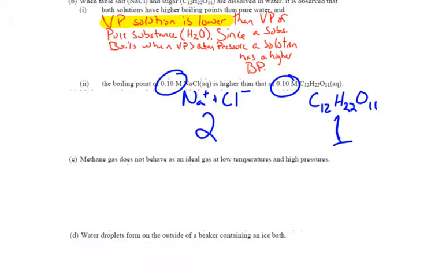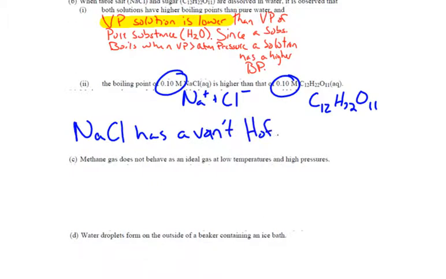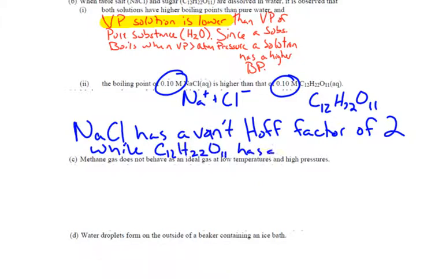So now we just need to explain that. Sodium chloride has a Van't Hoff factor of 2, while sugar has a Van't Hoff factor of 1.